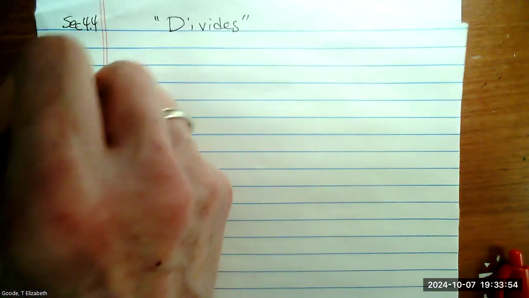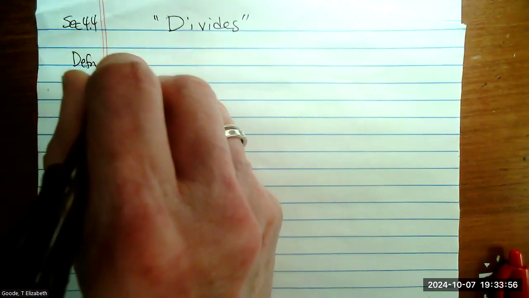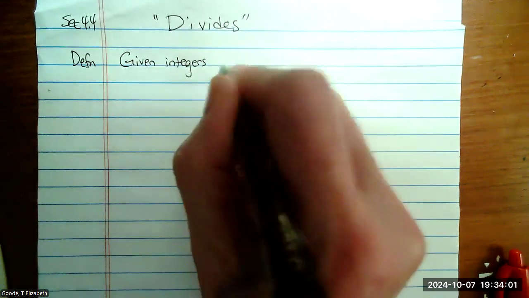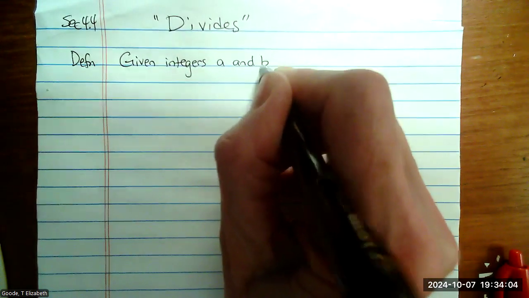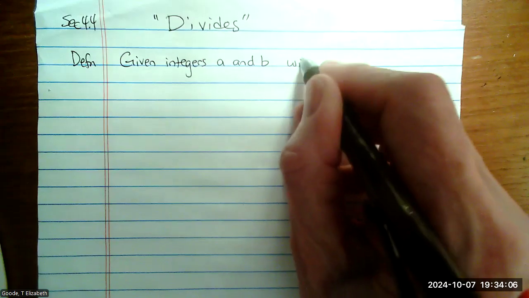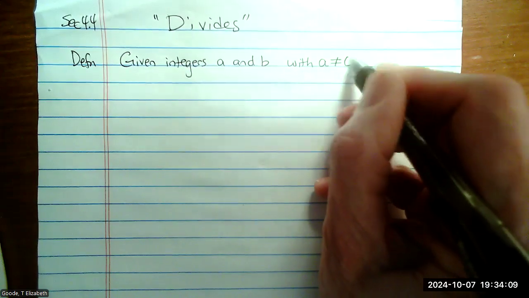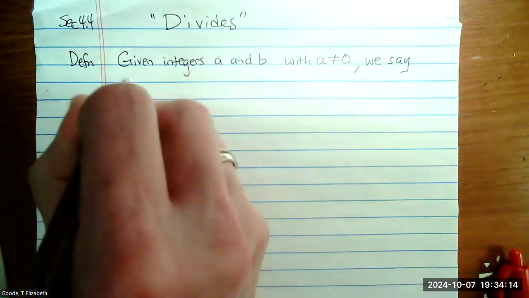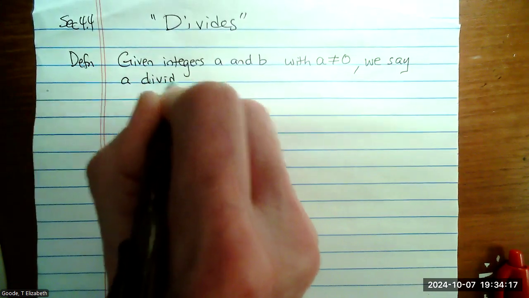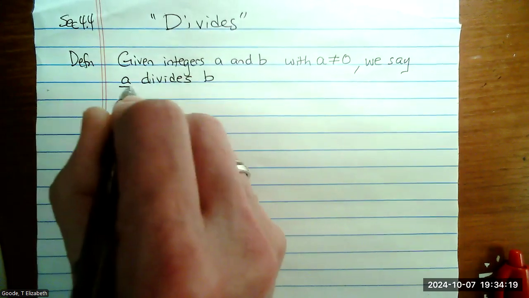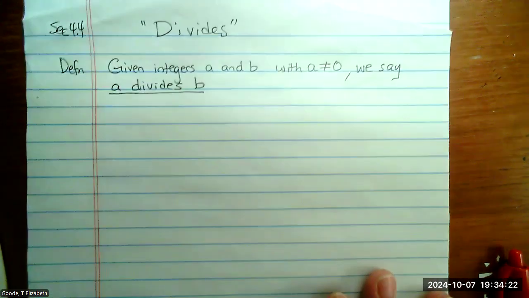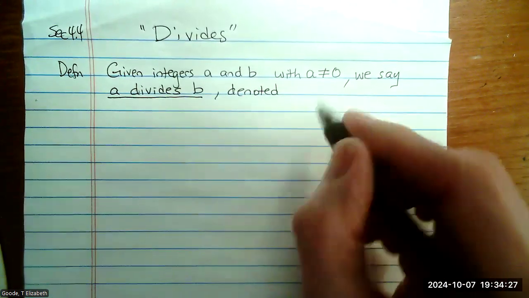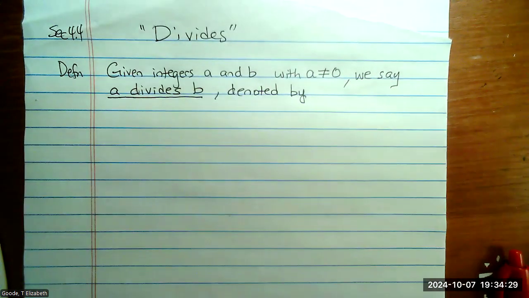Okay, so here's the definition of divides. Given integers a and b with a not equal to 0, we say a divides b. That's what we're defining. Denoted by, and it's a weird notation and it confuses students, okay? So listen up.